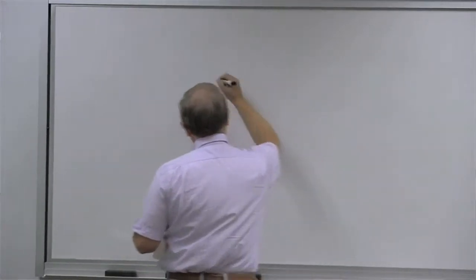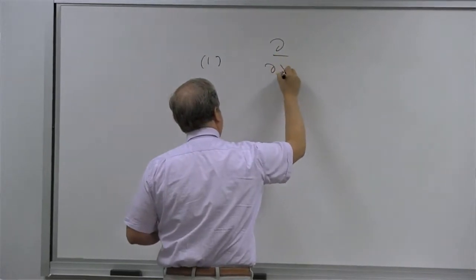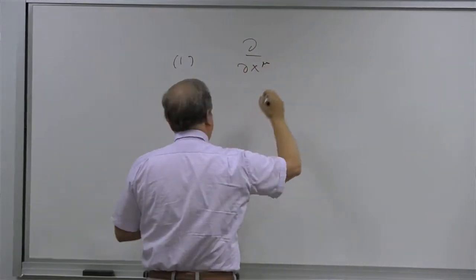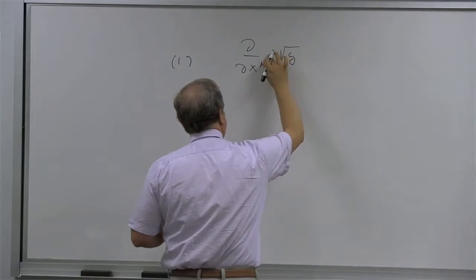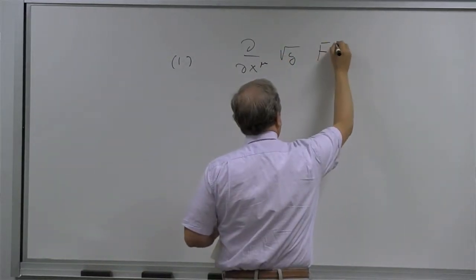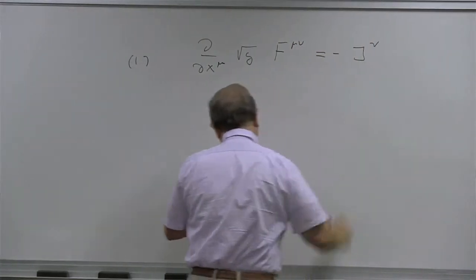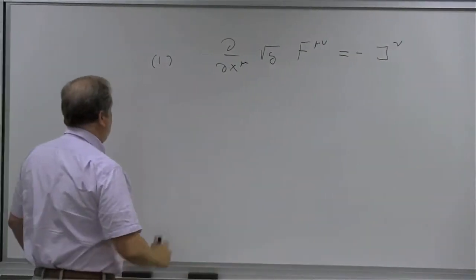And so we get, for the first equation, d by dx mu. So the covariant divergence can be rewritten just in terms of the metric in this form: d mu f mu nu is equal to minus j nu. So that's the first equation.